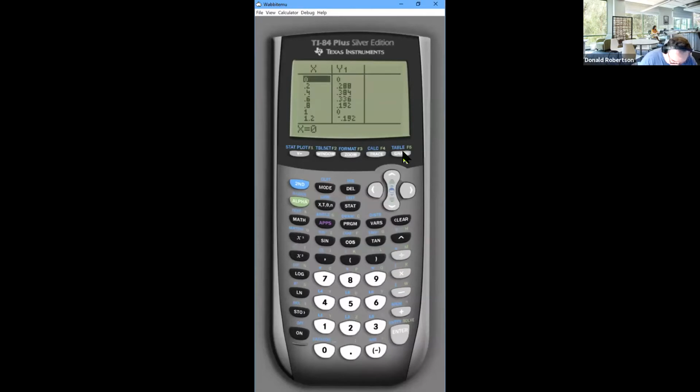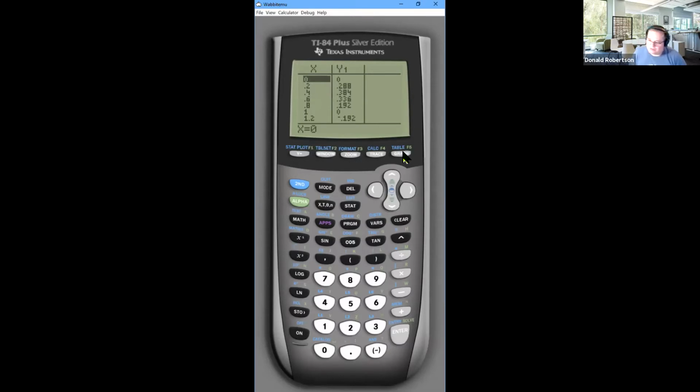And the values that I need are already written: 0.288, 0.384, 0.336, and 0.192. Now, can you imagine if that function was really ugly or you had to do a lot of them? Wouldn't this save you a little bit of time?